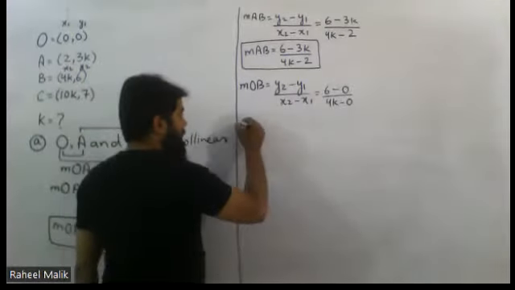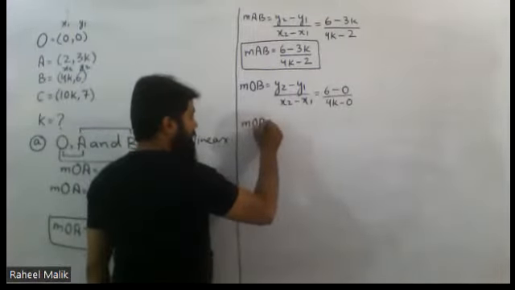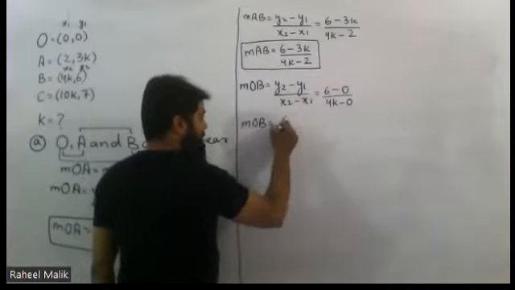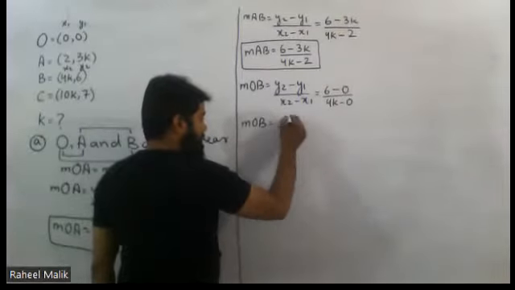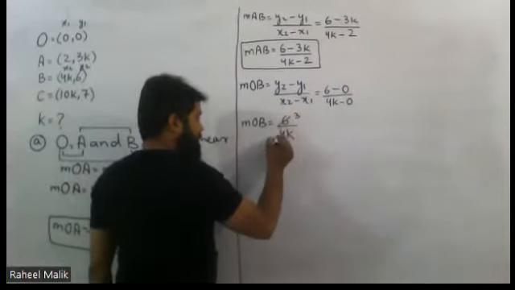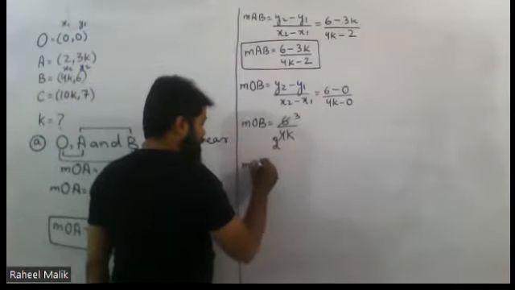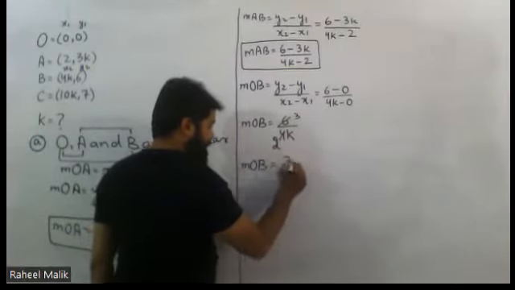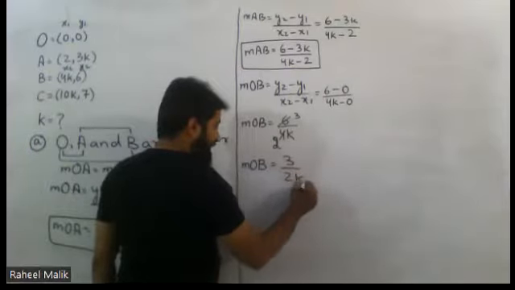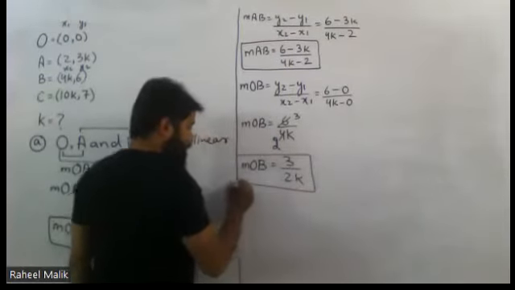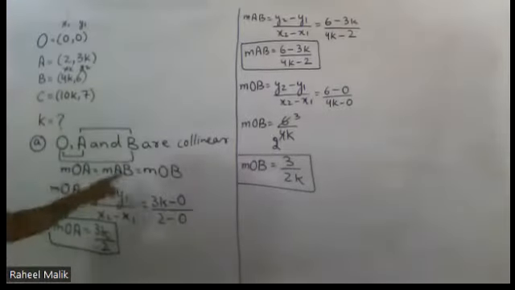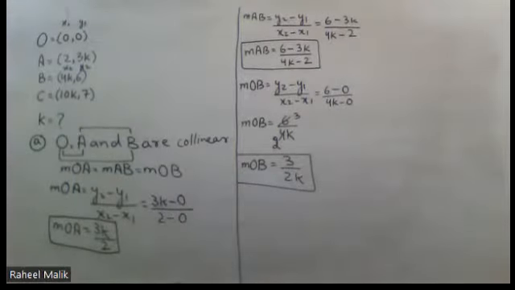So the gradient of OB is 6 over 4k. 2 3s are 6, 2 2s are 4. So the gradient of OB is 3 over 2k. I have got all 3 gradients.